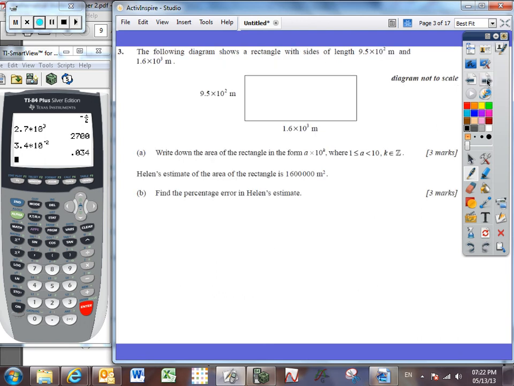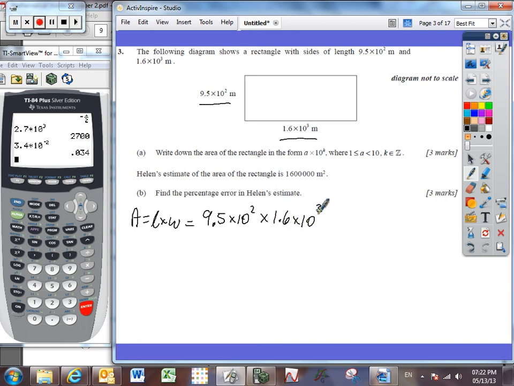A rectangle whose dimensions have been expressed in scientific notation, and we need to write down its area. So we know that area is equal to length times width, which in this case is 9.5 times 10 to the 2 times 1.6 times 10 to the 3.